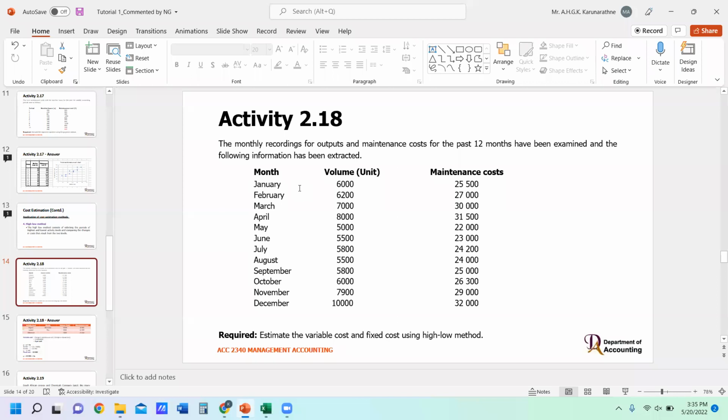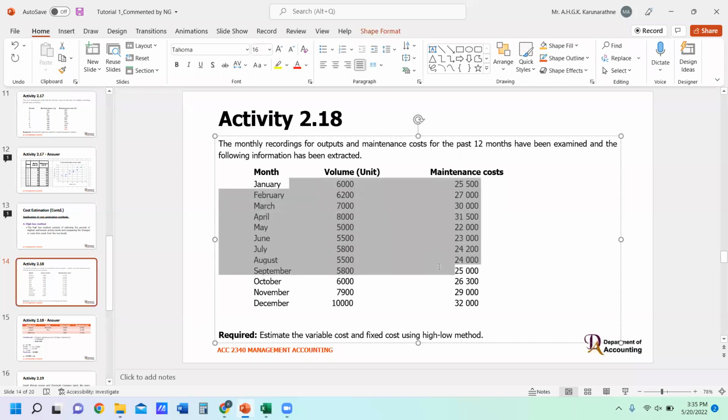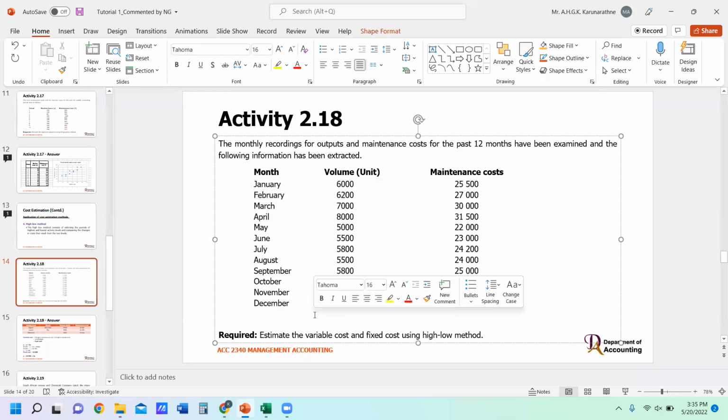You experience these observations. Estimate the variable cost and fixed cost using the high-low method.